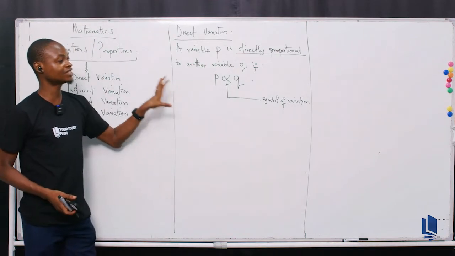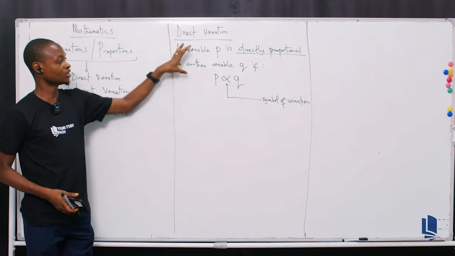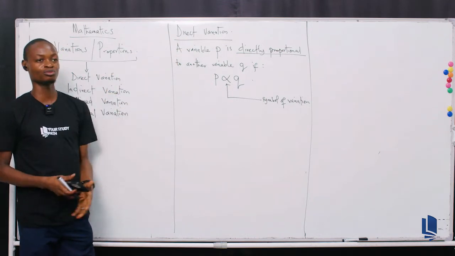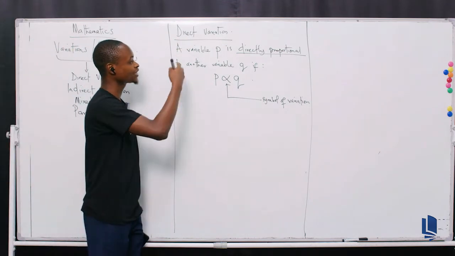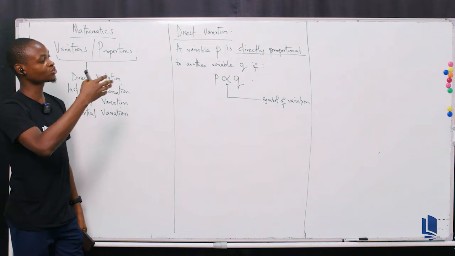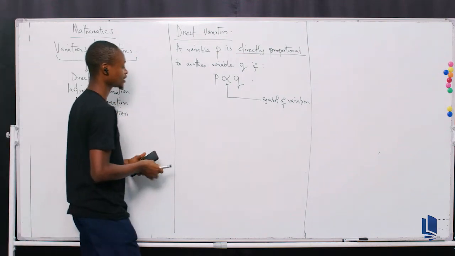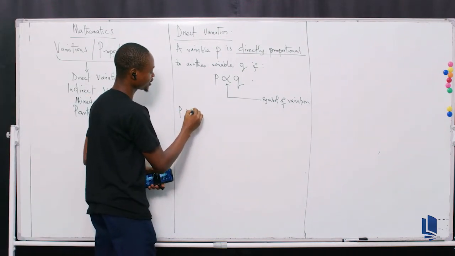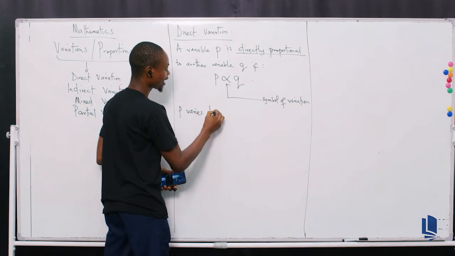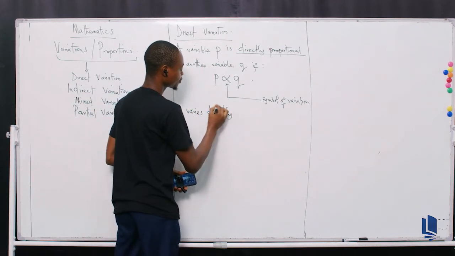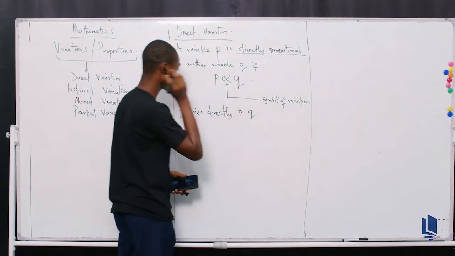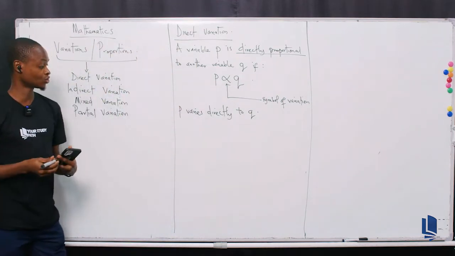Now you can see this concept, this wording, in different forms. Whereby we can say P is directly proportional to Q, we can also say that P varies directly to Q. This is yet another way in which we can discuss this.